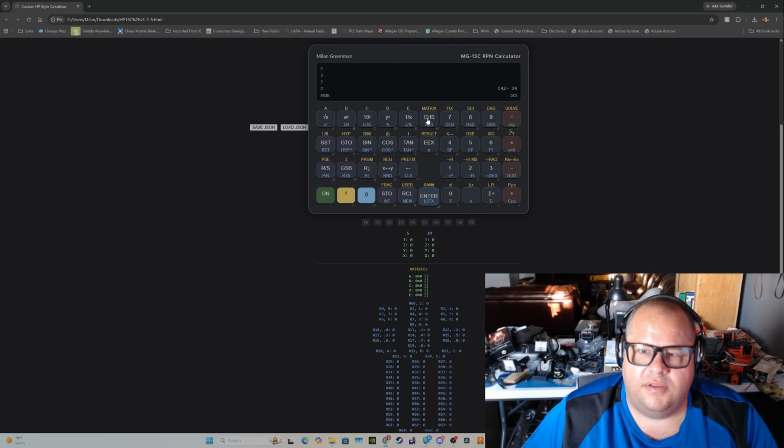And then change sign. So that gives us our negative X or our negative T. And then, so since we changed the sign, we can add that. And then here, instead of add, we'll just do 6 and then subtract. We need our return. And then we can exit program mode.